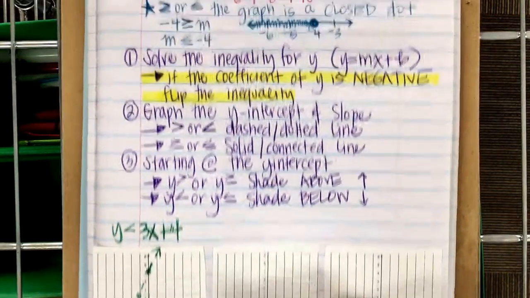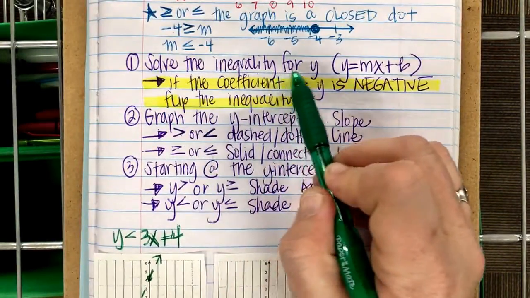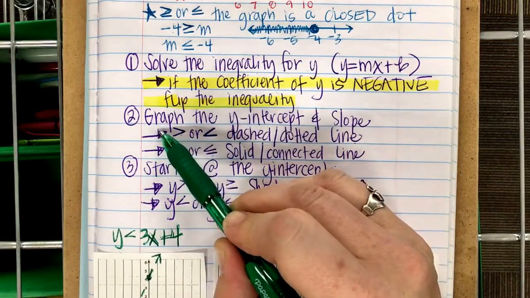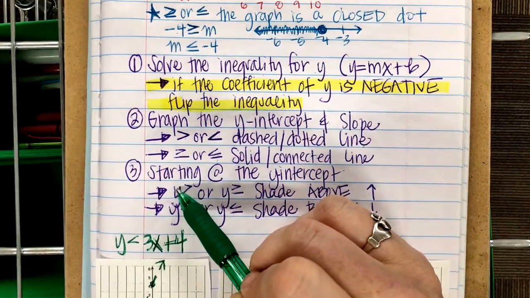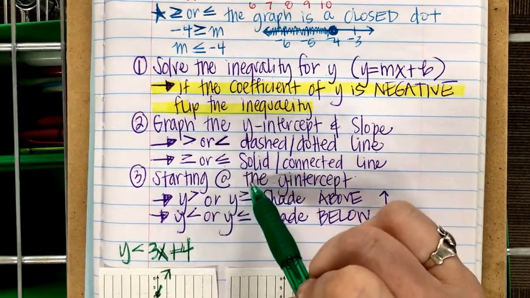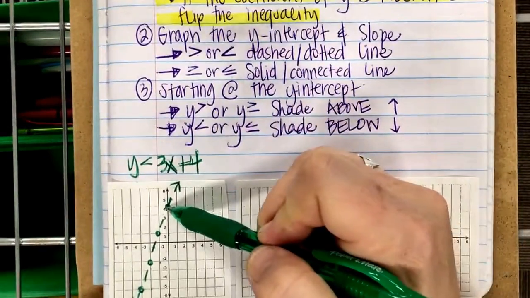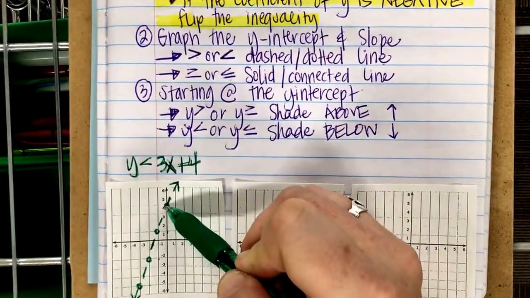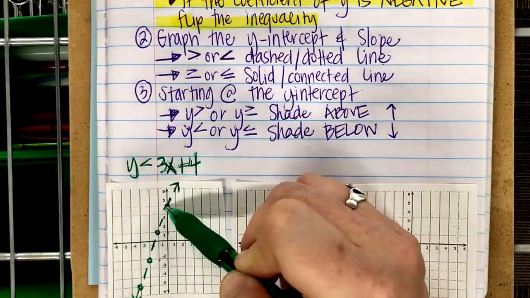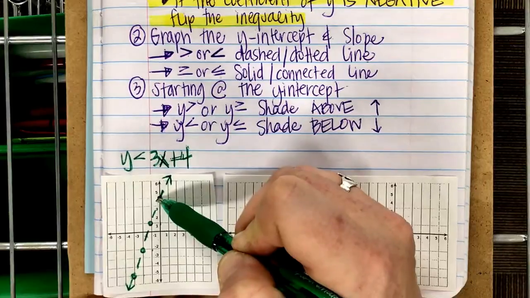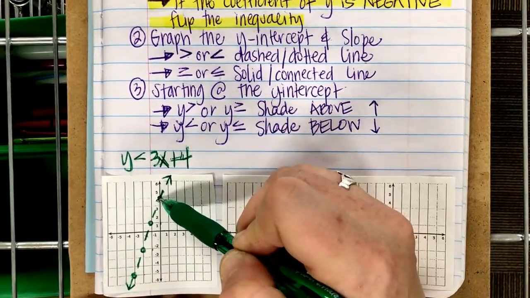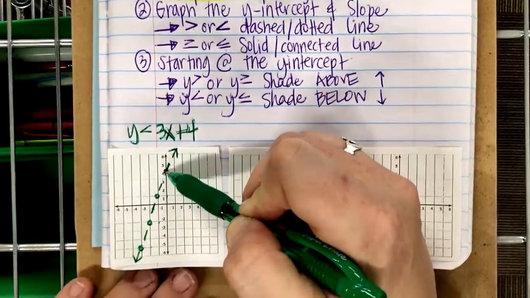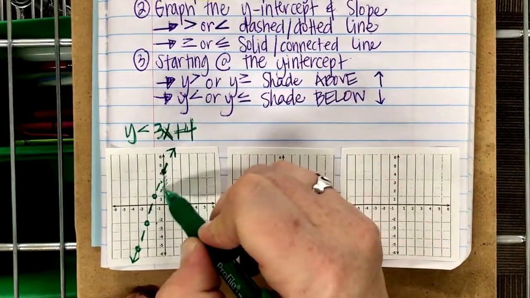All right, so I did step 1. I didn't need to solve the inequality, so I was good. Step 2, I graphed. Step 3, starting at the y-intercept, I'm going to put my pen on the y-intercept right there. Is y greater, so do I shade up, or is y less than? Y is less than, so I'm going to shade below.